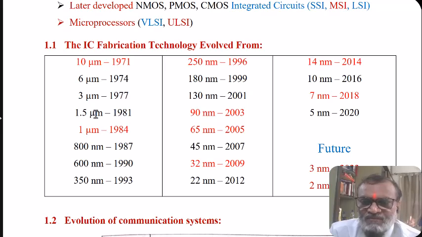In 2024, the technology is so evolved that we are capable of developing devices in the range of 2 to 4 nanometer in size. Since the device sizes are very small nowadays, the IC technology is capable of fabricating millions and billions of devices on a small chip.